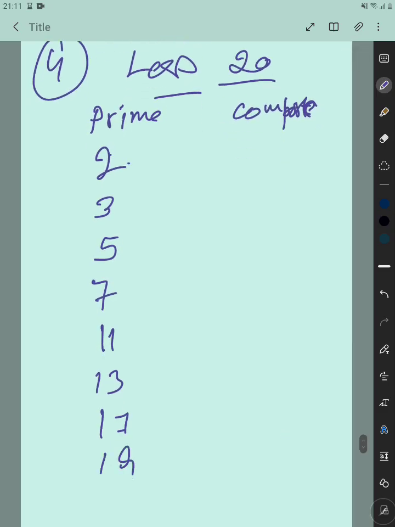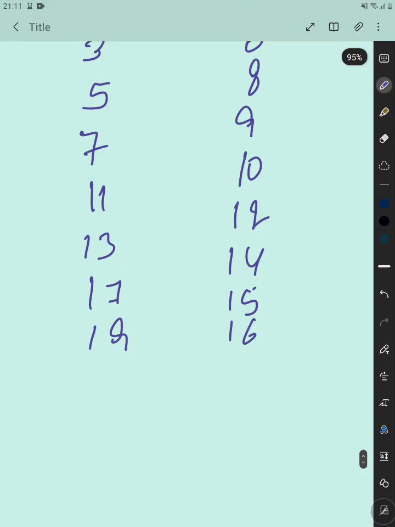And the composites are 4, 6, 8, 9, 10, 12, 14, 15, 16 and 18.